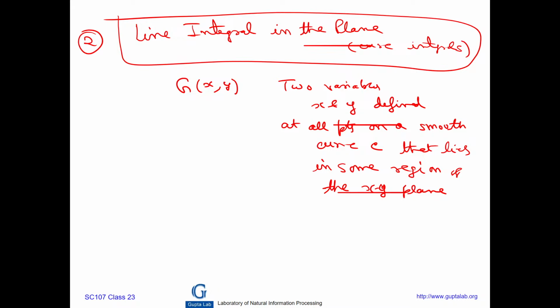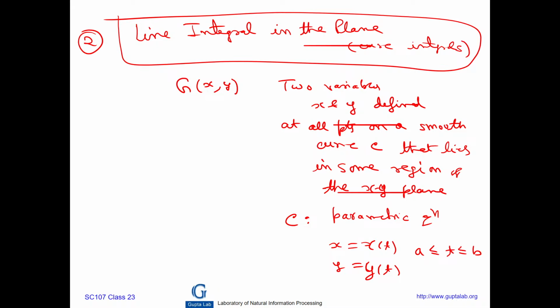And suppose we have a parameterization for C as a parametric equation: x is equal to x of t, y is equal to y of t, a less than or equal to t less than or equal to b.